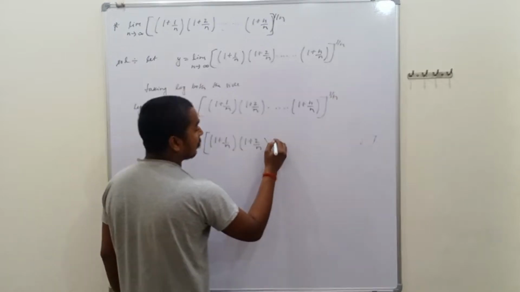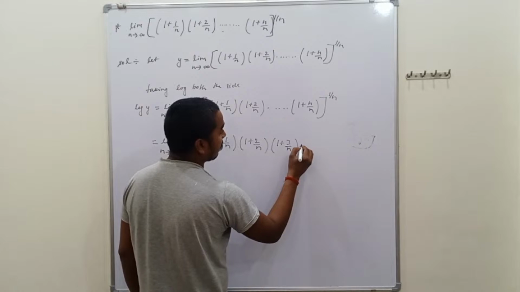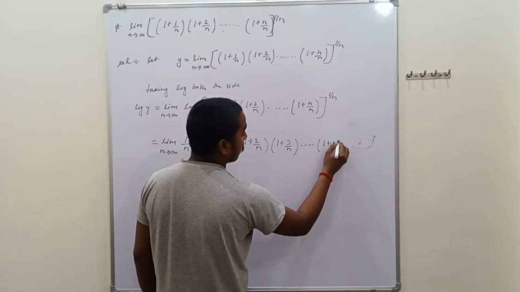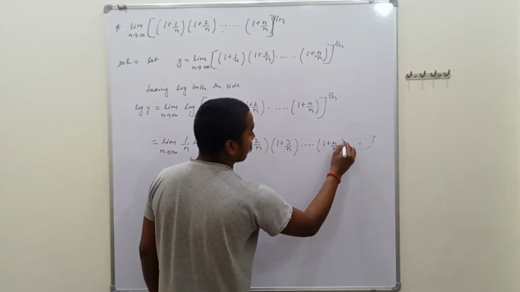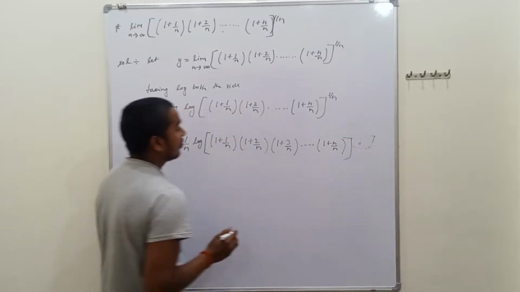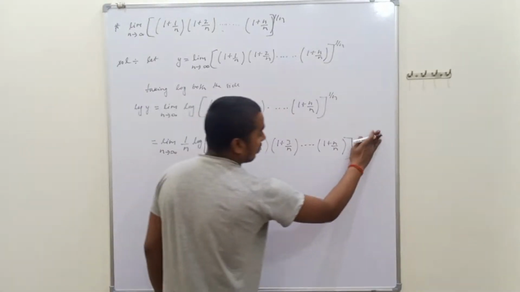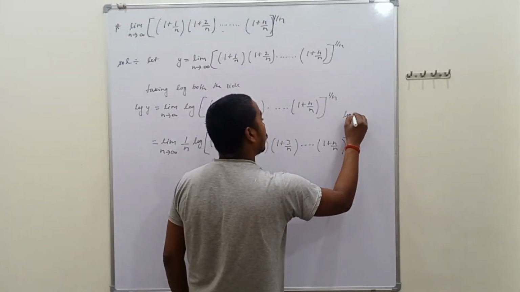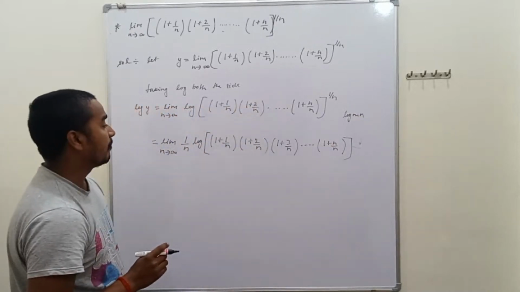Similarly we write (1 plus 3 by n) dot (1 plus n by n). Using the property of log once again, log of mn is written as log m plus log n.